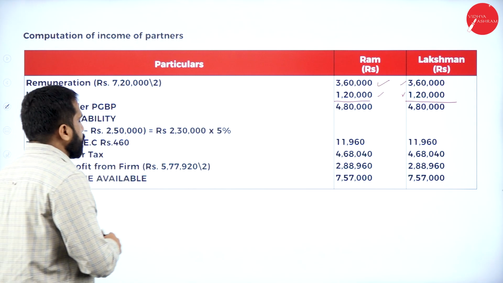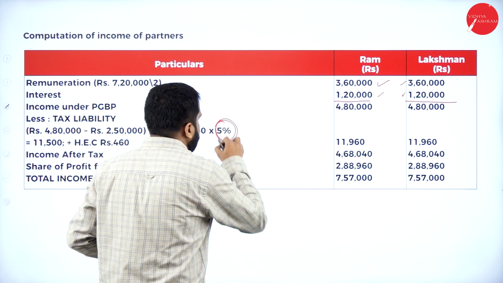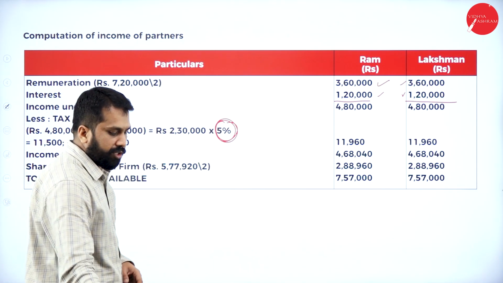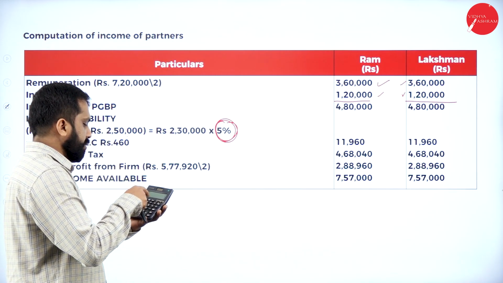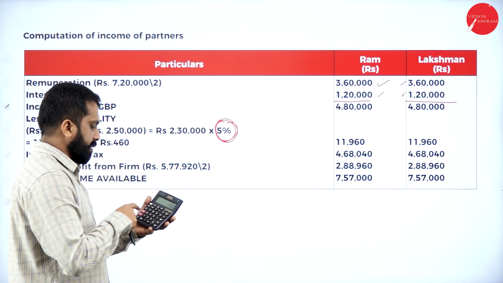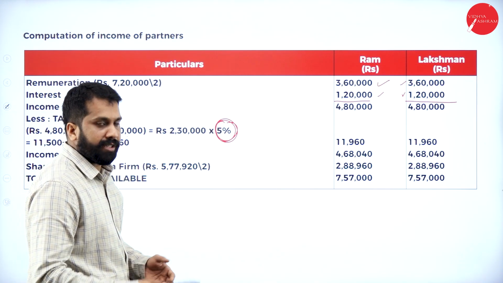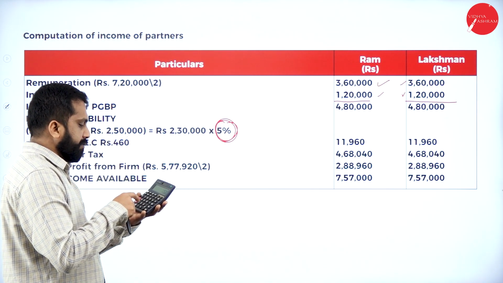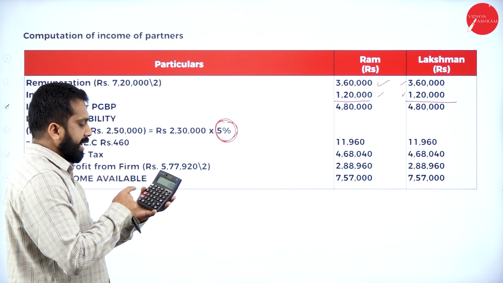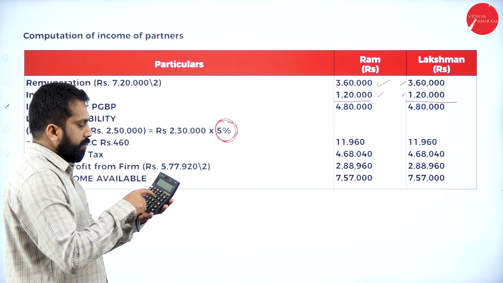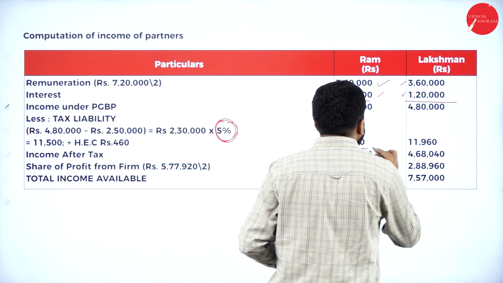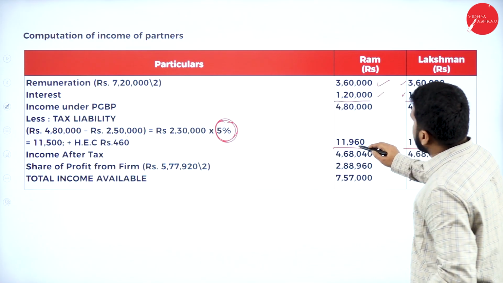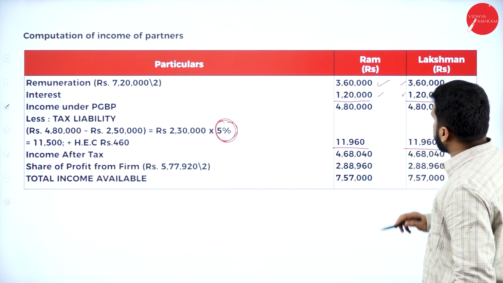Your 2,30,000. 2,30,000 into 5%, it will be how much? 11,500. 11,500 plus, what is the tax percentage? Education, 4%. 11,960.